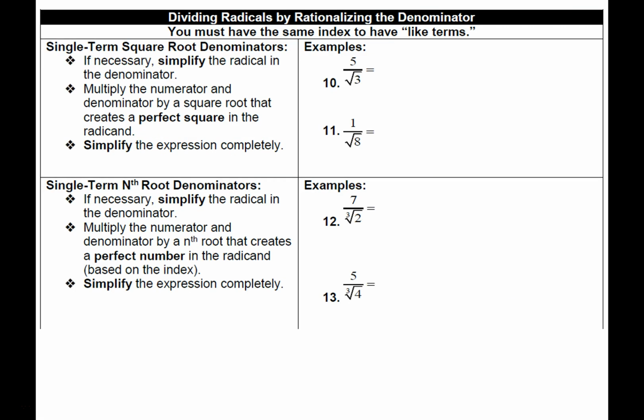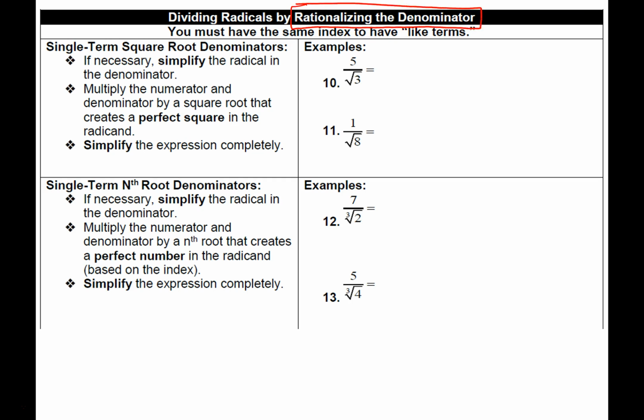All right, let's try a couple more that get a little bit more complicated now. A lot of times when we are simplifying with a radical, we're not going to have a radical on top and bottom, or maybe we will, but they're not going to be divisible with one another. And so we can't use that quotient rule. So there's this other strategy called rationalizing the denominator. And we're going to use this term a lot.